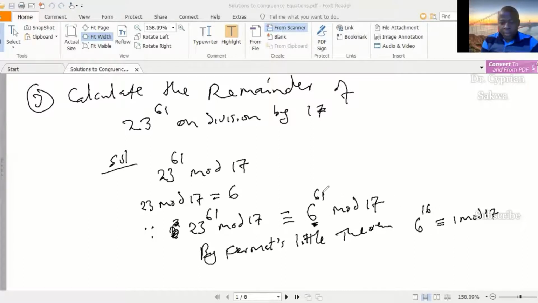But what we want is 6 raised to 61. So we want to write 61 in terms of 16. We divide 16 into 61 and see what we get. If you go there 3 times, 3 times 16 will be 48.